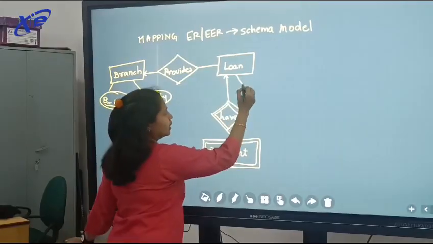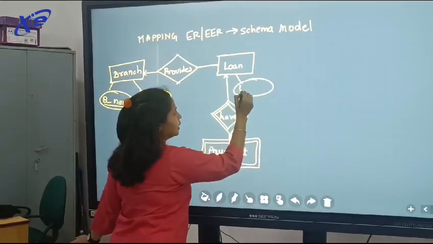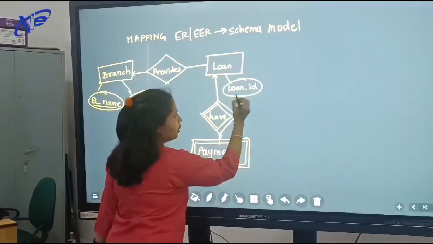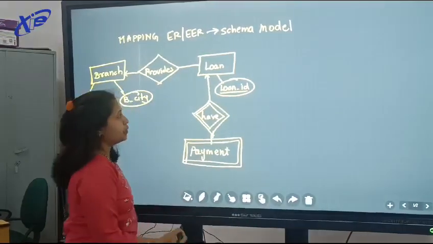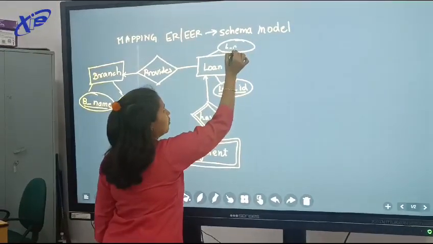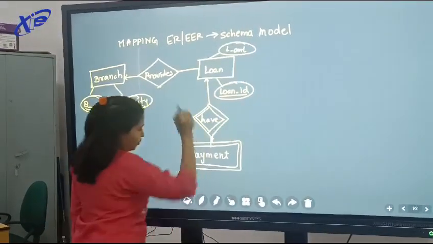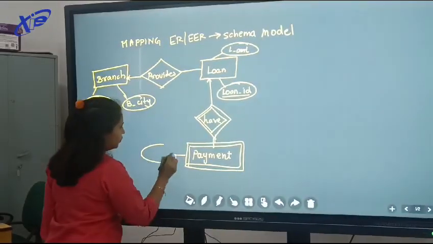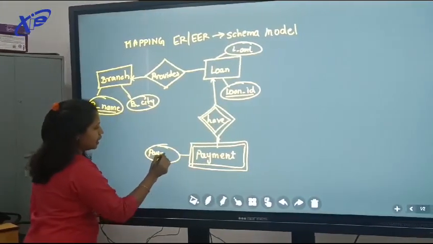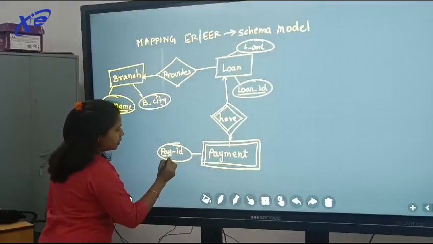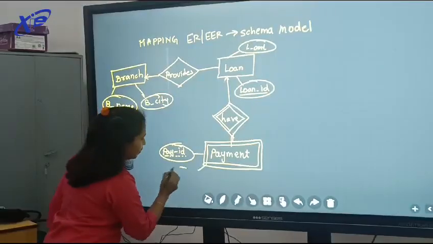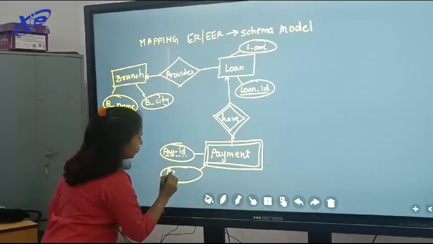For loan, we will have the attribute loan ID or loan number, make it as a primary key, and we will also take another attribute as loan amount. For payment, we will take two attributes, that is payment ID. Make this as a partial key for weak entity set.